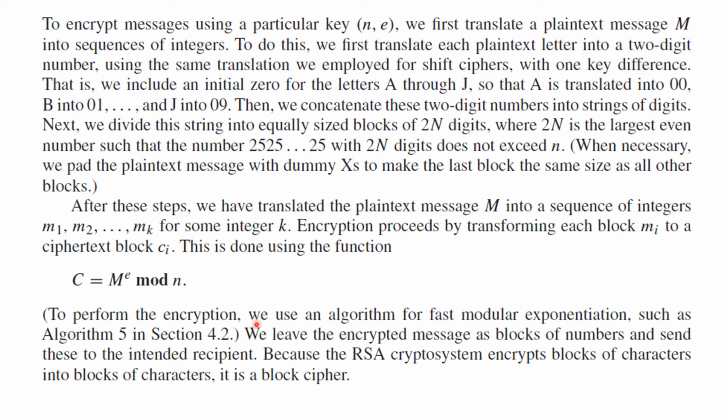To perform the encryption, you use an algorithm for fast modular exponentiation, and we talked about some of those earlier in our course. So we leave the encrypted message as blocks of numbers and send these to the intended recipient. Because the RSA crypto system encrypts blocks of characters into blocks of characters, it is a block cipher. So you're sending these cipher blocks.